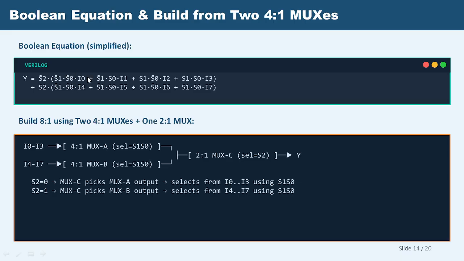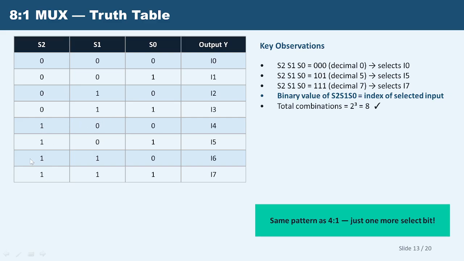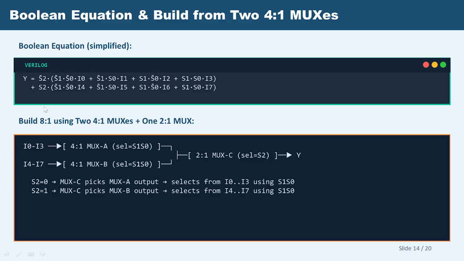So for every one of those, the S2 value will be 0: this value, this value, this value, this value. To simplify that equation, we have taken S2 as common from these first four components. Like that, for the next four values S2 is 1 1 1 1, right? So to simplify, we have taken S2 as common. Or else you can write it as S2 and S1 and S0, plus S2 and S1 and S0, and so on, but you would need to write the S2 value for every other term.